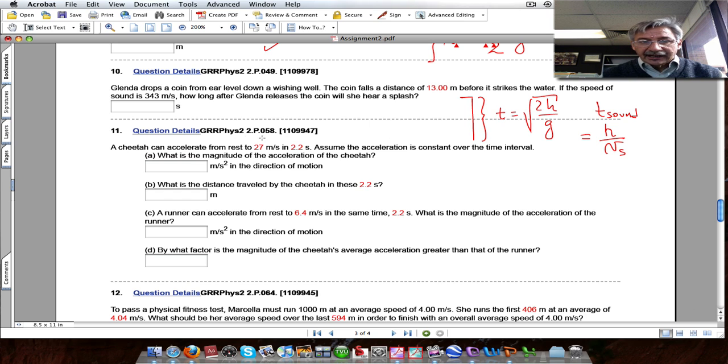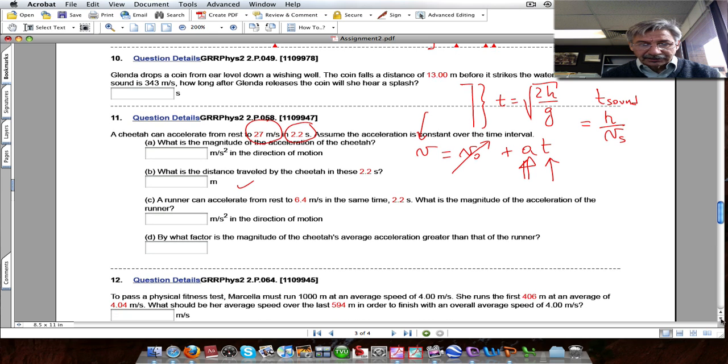So if you have a cheetah that can accelerate from rest, and you want to know what is the acceleration in this amount of time, since it started from rest, this is the time, this is the speed that it achieved, then you can get the acceleration. Once you know the acceleration, then you can certainly know the distance and actually answer the other questions.